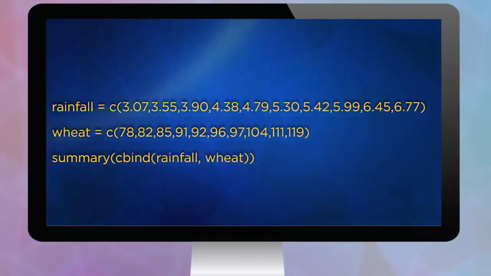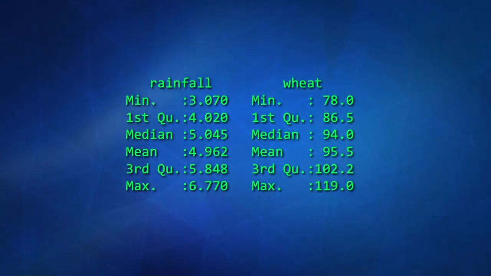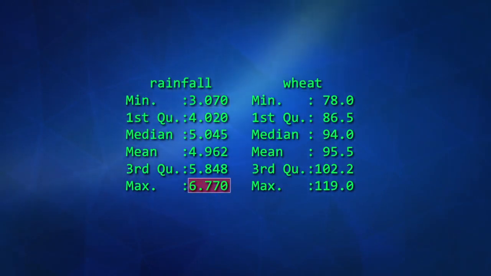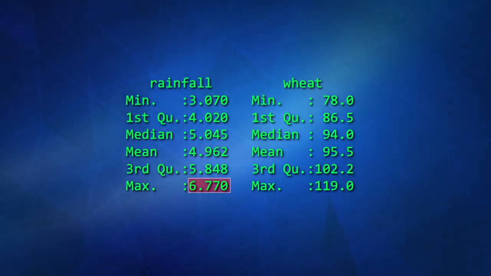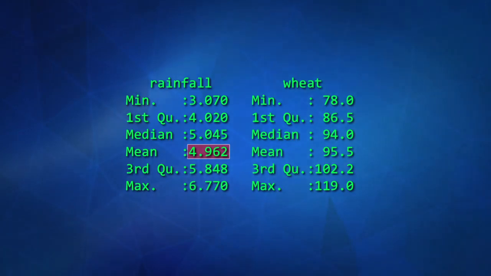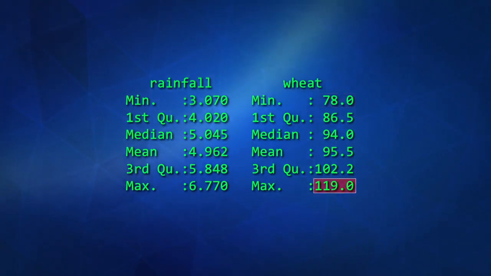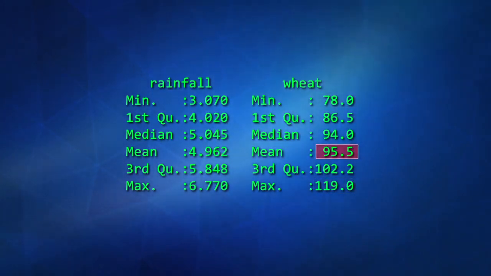And I'm just using cbind to combine them so that summary gives me both of those results. Now, our summary statistics show that rainfall ranges from a minimum of 3.07 to a maximum of 6.77 inches, with a mean of around 4.9. Notice here too, wheat ranges from 78 to 119 inches, and it has a mean of around 95.5.